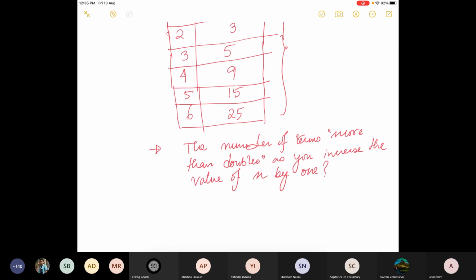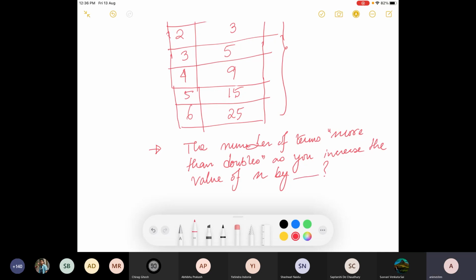Now I'm trying to incrementally build this so that you remember. Now suppose I give a question mark here, and I claim that there is a pattern out there.